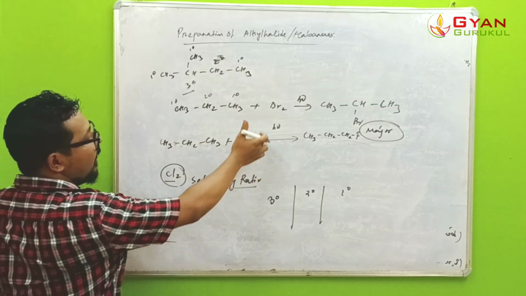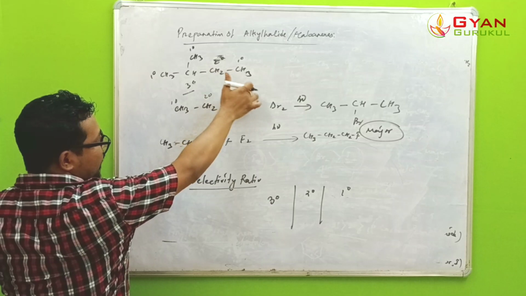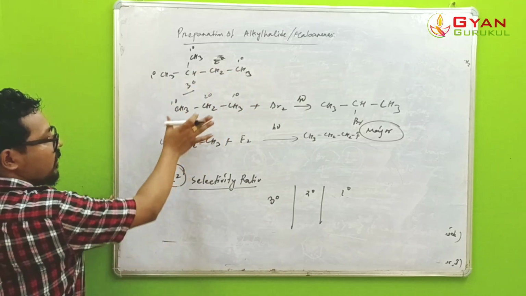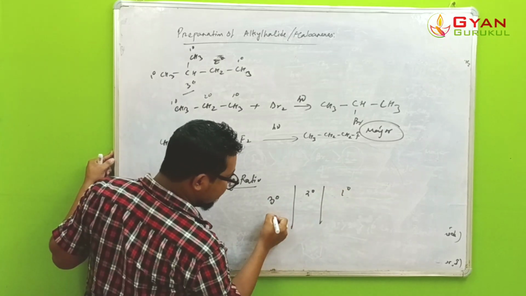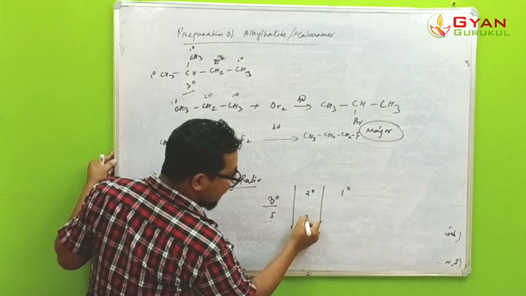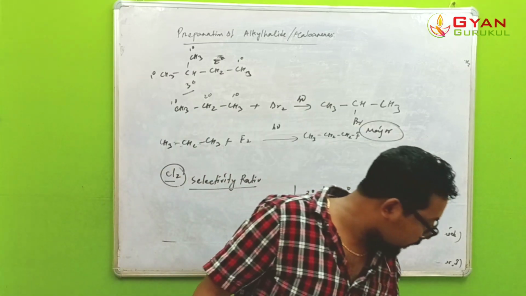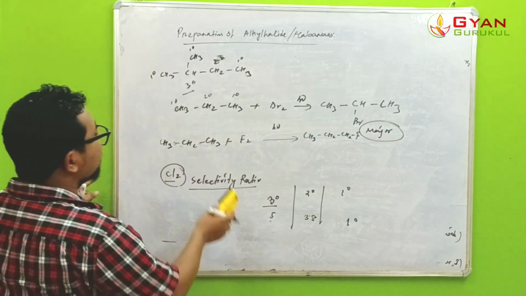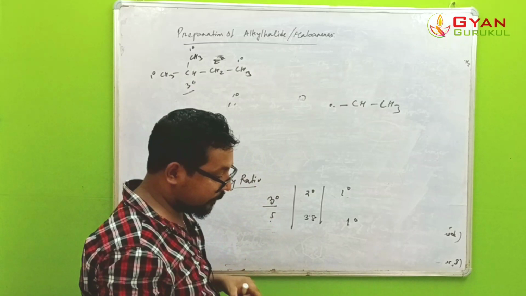Here the selectivity order is tertiary carbon greater than secondary greater than primary. The chlorine selectivity ratio for tertiary carbon is 5, for secondary it is 3.8, and for primary it is 1.